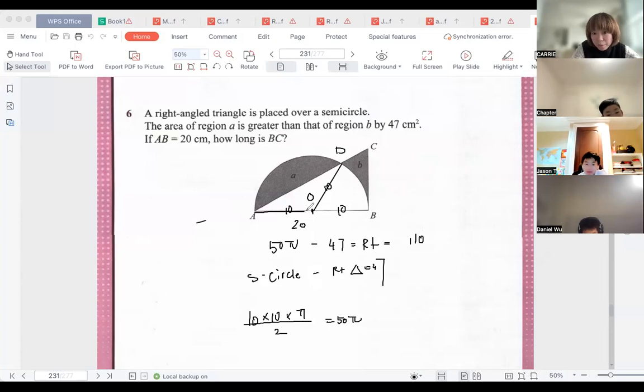So we already know AB equals 20, correct, Chapter? So how do we find out the area of a triangle? It's AB times BC divided by 2. Correct? So AB is 20 and BC we don't know, divided by 2 equals 110.